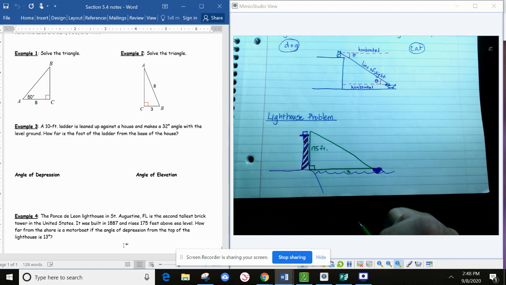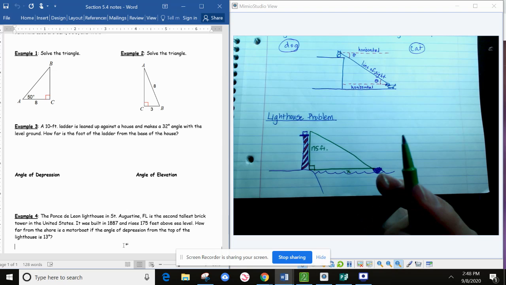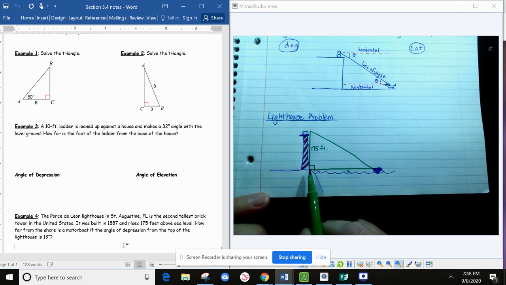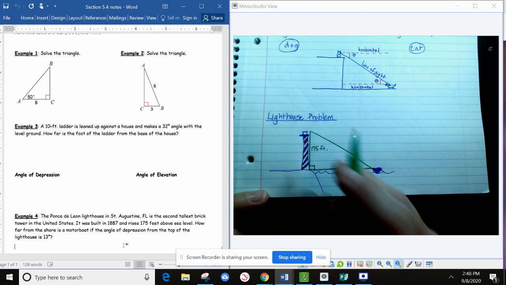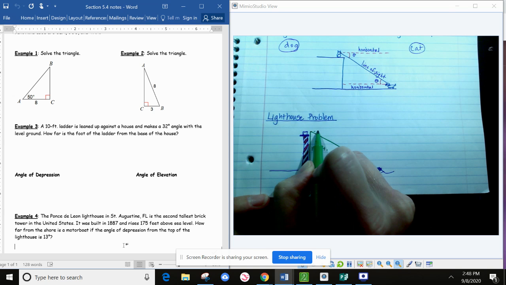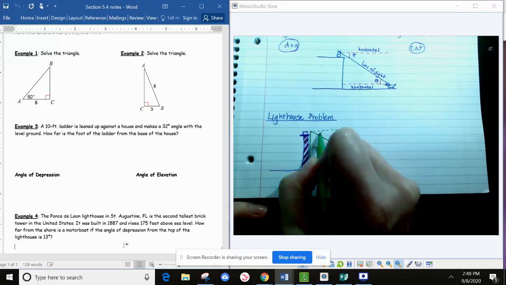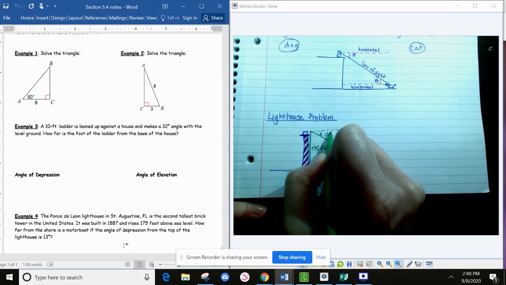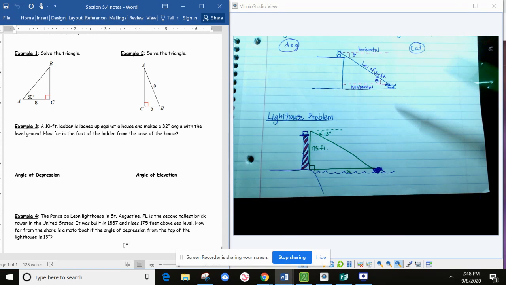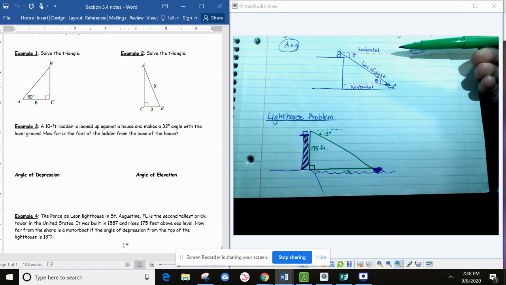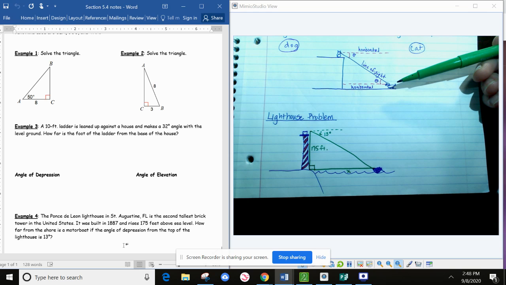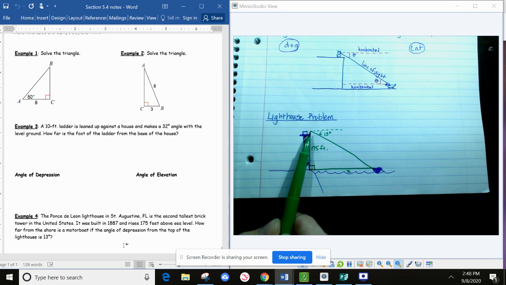And then we want to find out how far is the boat from the shore if the angle of depression is 13 degrees from the top. Well, technically, I'm given this piece of information because remember, an angle of depression is made with the horizontal and the line of sight. So if someone was standing on top of the lighthouse and they're looking down at the boat, that's a 13-degree angle.